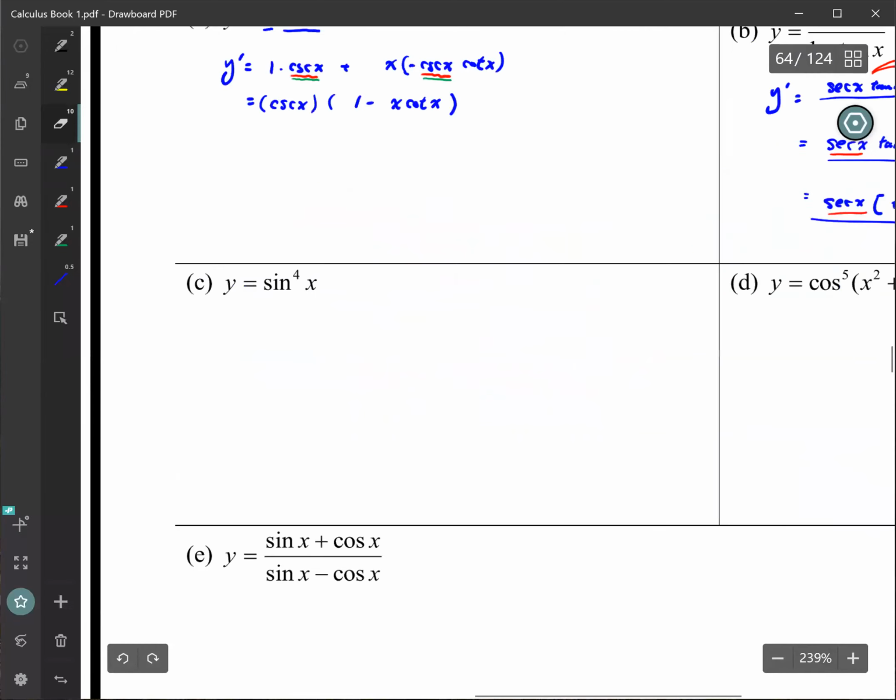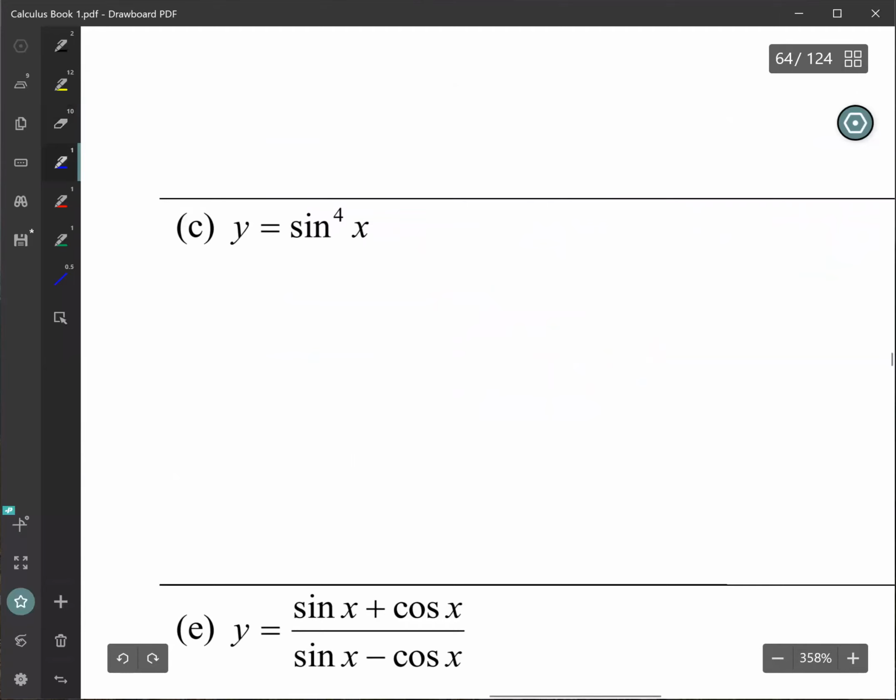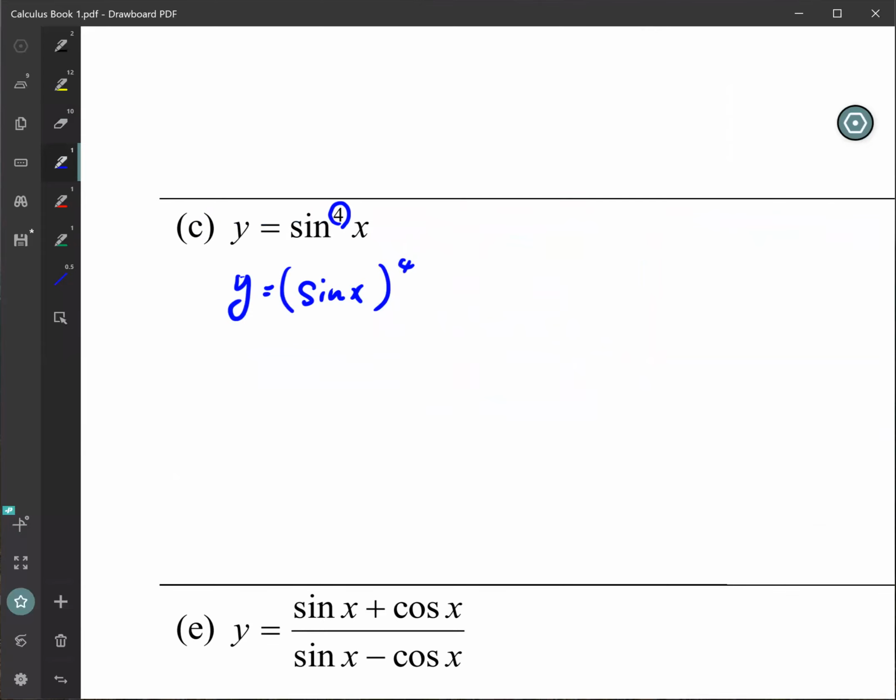Next question. When you see the exponent, if you are used to it you don't need to rewrite it, but because it's the first time, I suggest you rewrite this as sine x to the 4, so that you can recognize this is a chain rule.